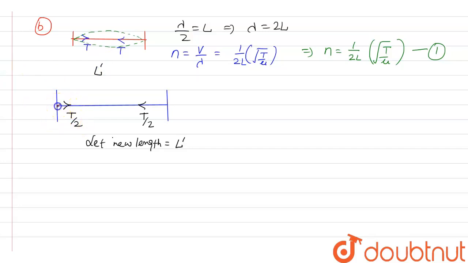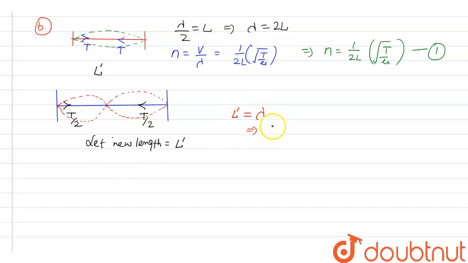The standing wave formation for the second harmonic will be like this. At the two fixed ends, the displacement node will form. So two loops of half wavelength will form, and one complete wave is forming on the string. So the new length L dash is equal to the wavelength lambda here.